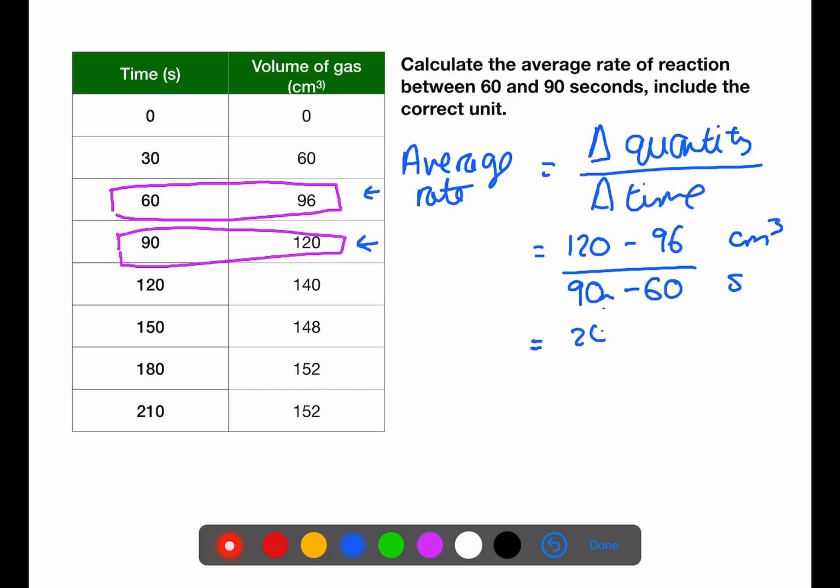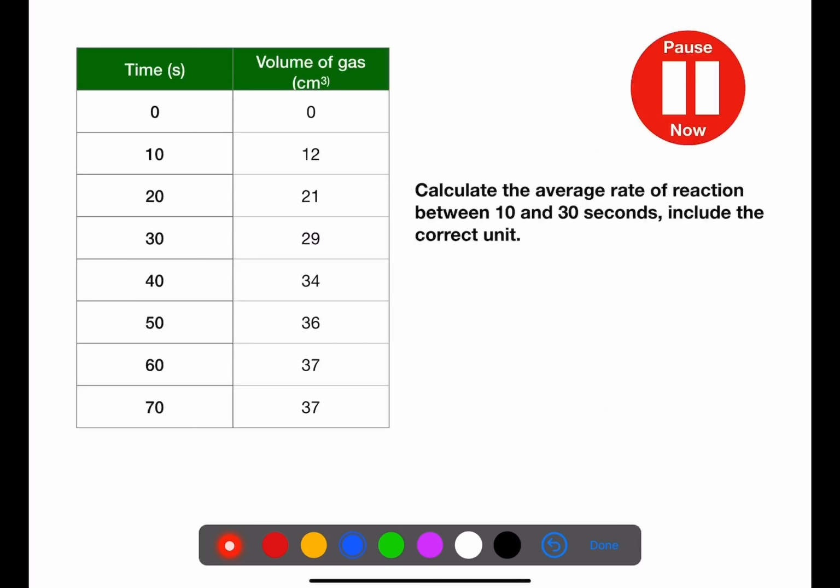So we have 24 centimetres cubed as our change in quantity, and the difference in time is 30 seconds. So that gives us an average rate of 0.8 centimetres cubed for every second in that time period. Pause the video now and try this example.